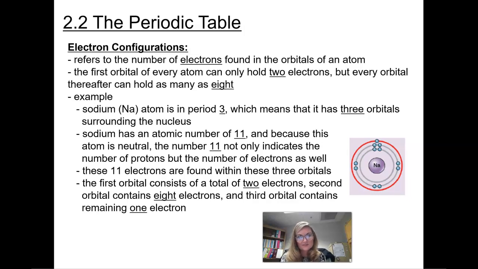And because of this, the atom's neutral number is going to be 11. And not only it indicates the number of protons, but also the number of electrons as well. So these 11 electrons are going to be found within these 3 orbitals. So the first orbital will have 2 electrons. The second orbital will have 8 electrons, and then the third orbital contains the remaining 1 electron.